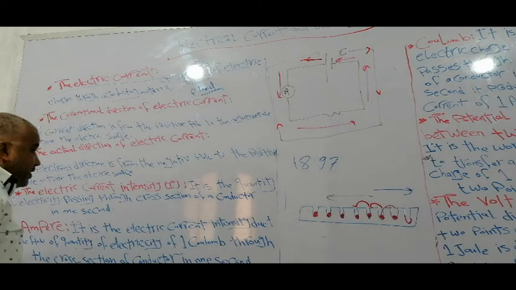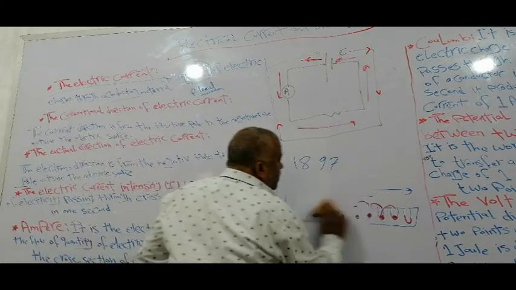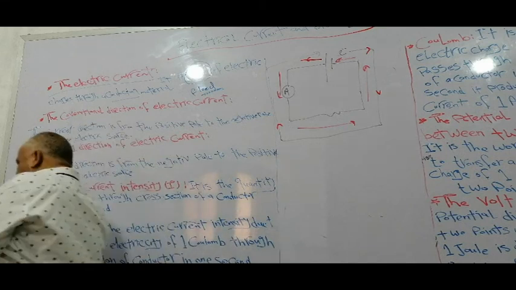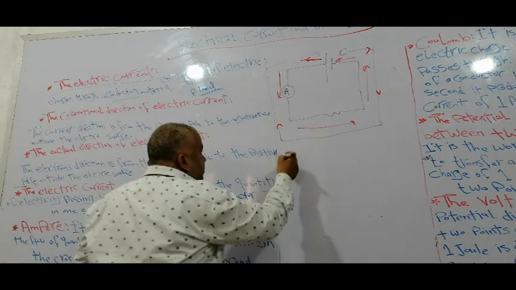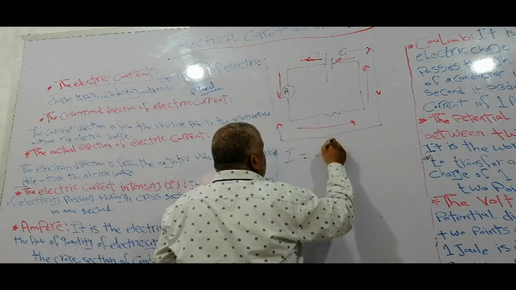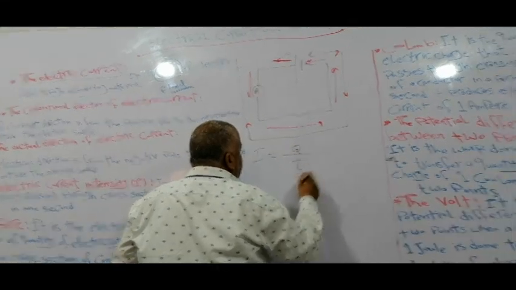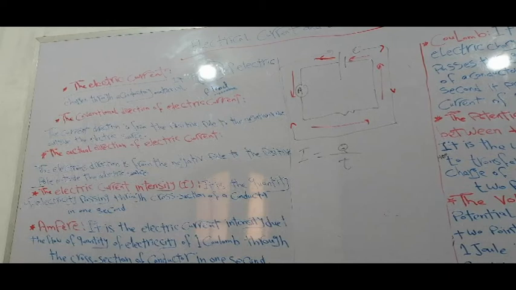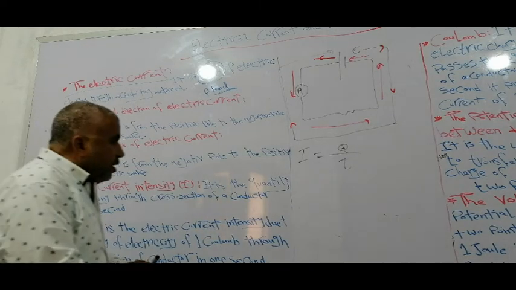We are talking about the electric current intensity. I equals Q over T. Current intensity I is the quantity of electricity passing through the cross section of a conductor in 1 second.